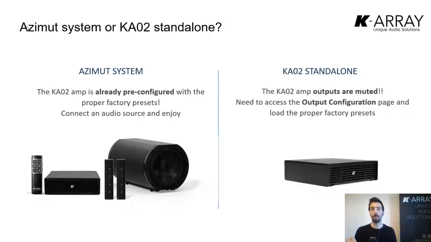If instead you buy a KA02 as a standalone amplifier, so you order just the KA02 amplifier, of course we don't know which speakers you are going to use with it. So the amplifier is completely reset. The outputs are muted the same way as KA14, 24, and 84.